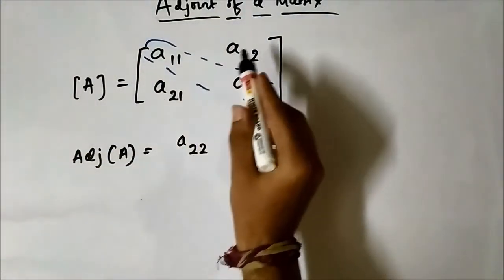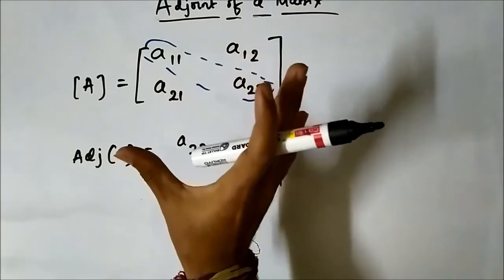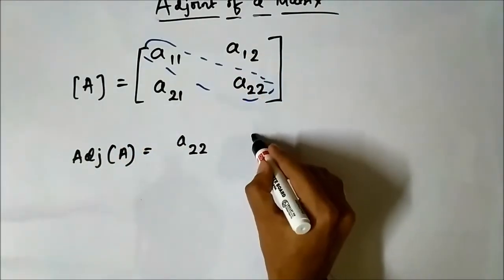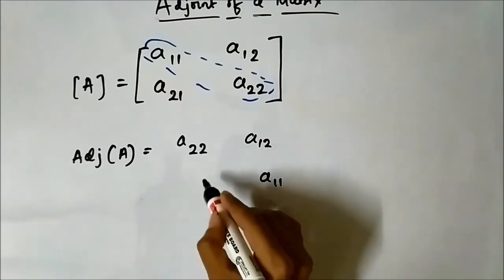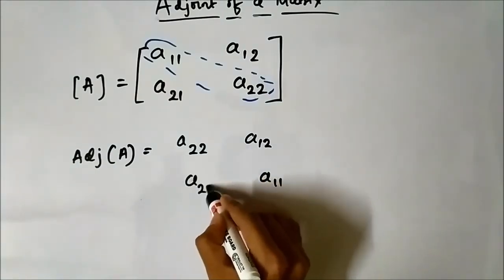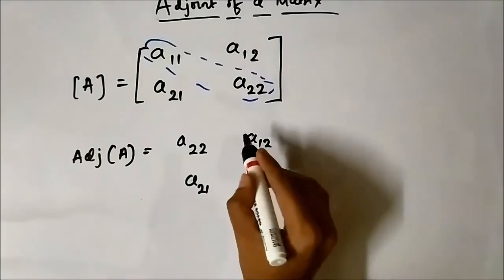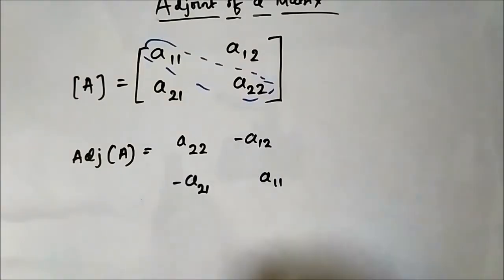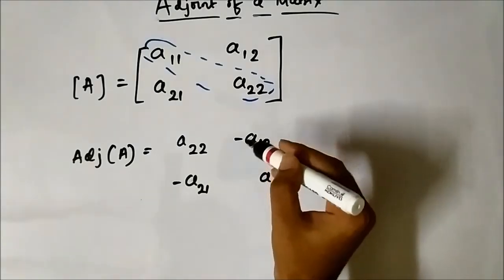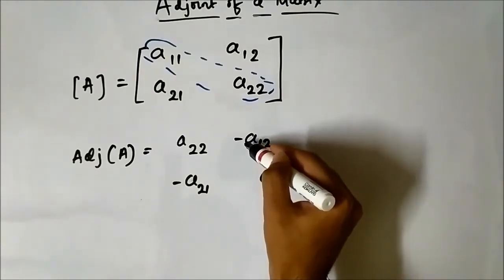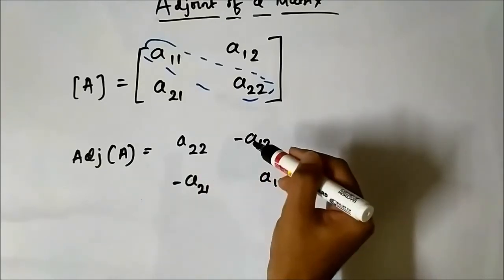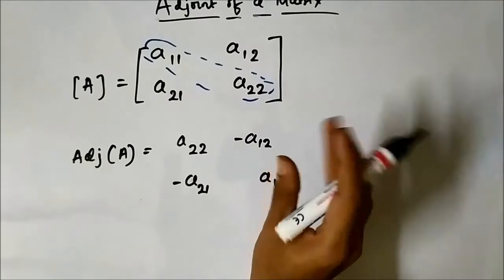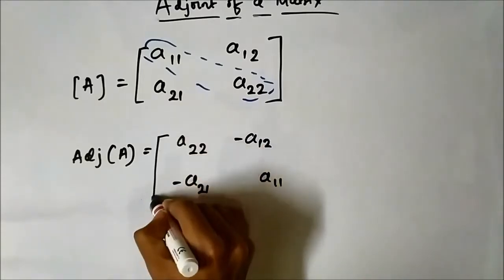Now what happens to these two elements? They do not change places, they retain the same place where they were before, but they have their signs inverted. If they are positive, they become negative. If they are negative, they become positive. But the magnitude, the value stays the same, only their signs get inverted.